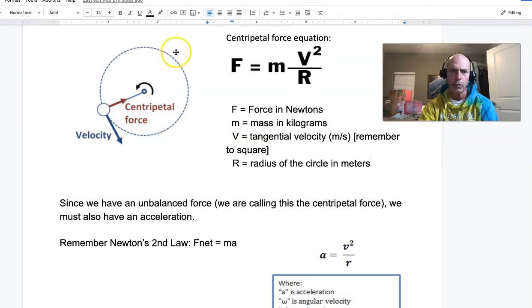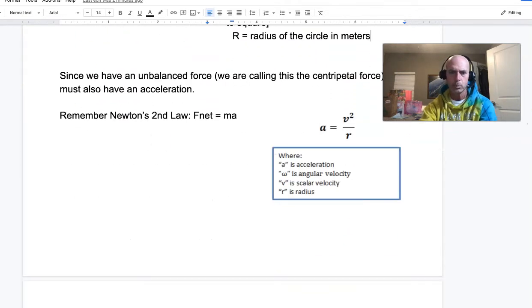If I'm changing the direction of that vector, then at every instant of time, I have to have an acceleration. My speed may be the same. I may be rotating this at so many meters per second. That may not change, but because of my directional change, I have an acceleration present. I'm changing the direction of my vector.